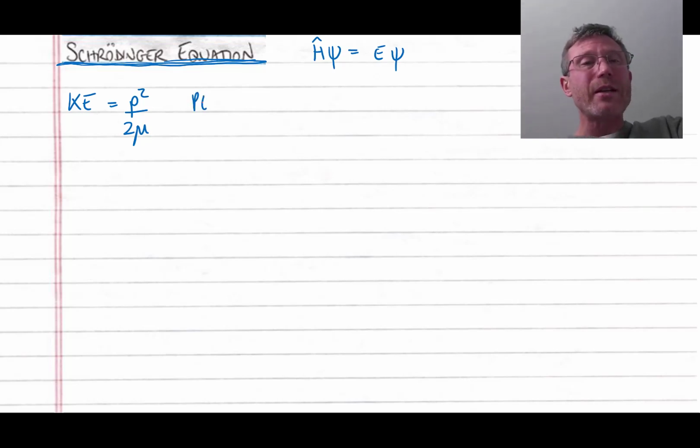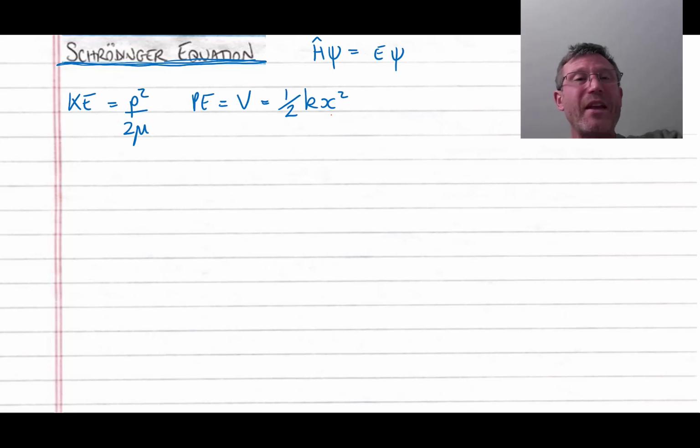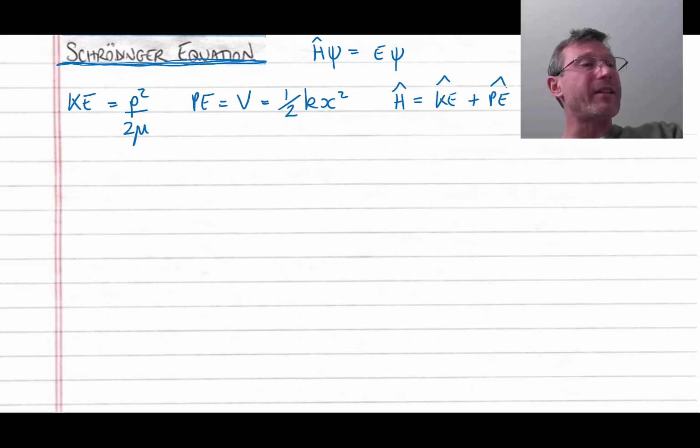The potential energy, which we call V, we just described in the previous slide: it's equal to half kx squared. The Hamiltonian operator is the kinetic energy operator plus the potential energy operator.